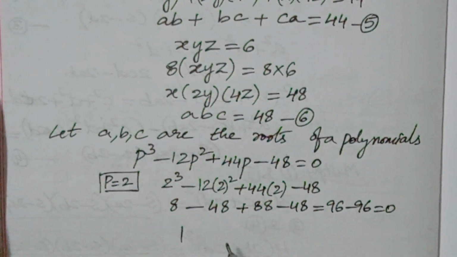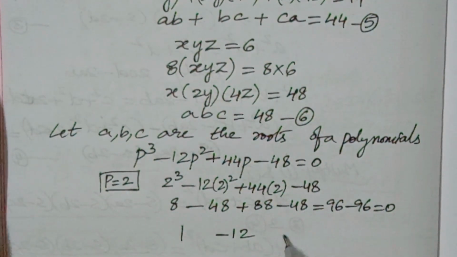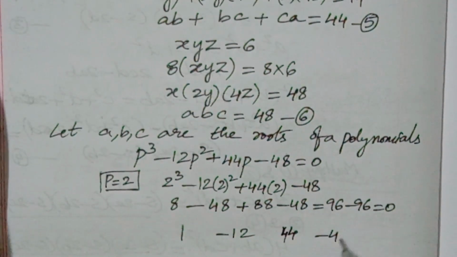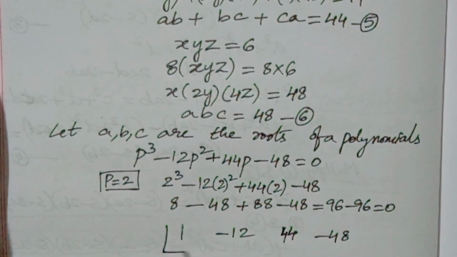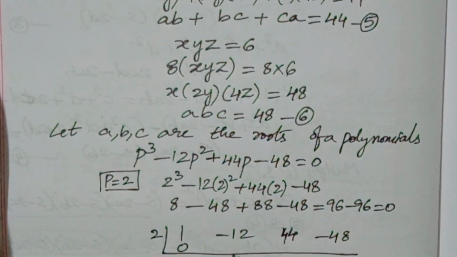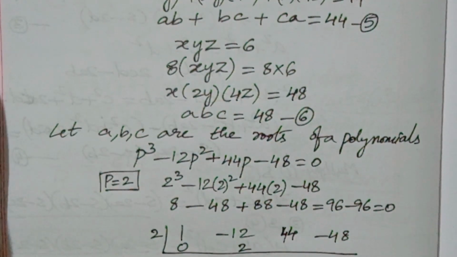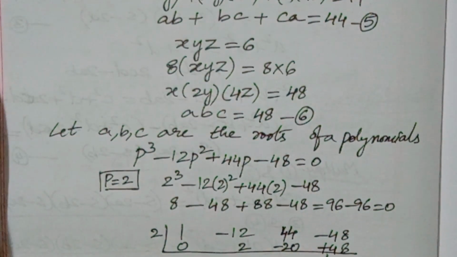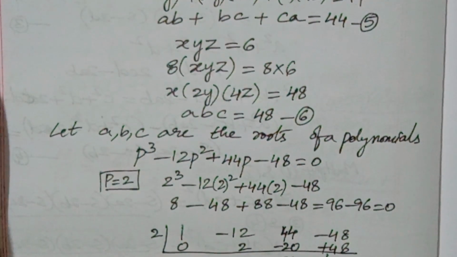By Horner's method: 1, minus 12, 44, minus 48. Here 2, 0, 1, here 2, minus 10, minus 20, you will get 24, plus 48, you will get 0. So p squared minus 10p plus 24 you are getting.